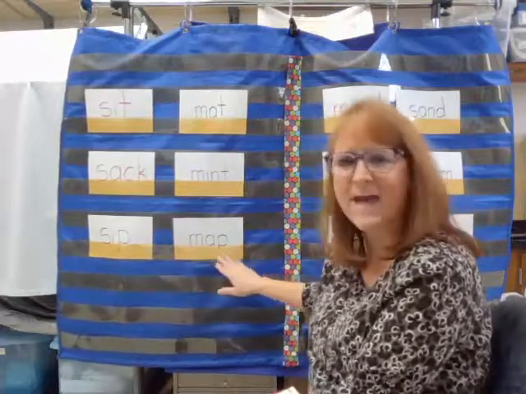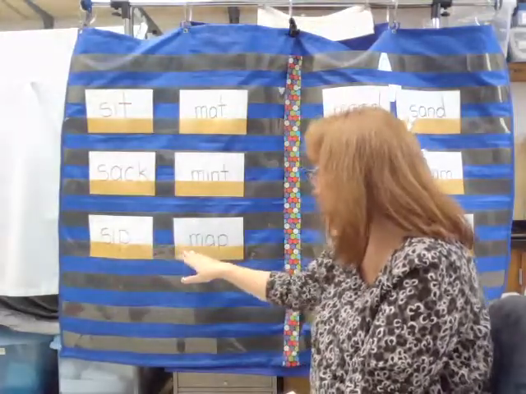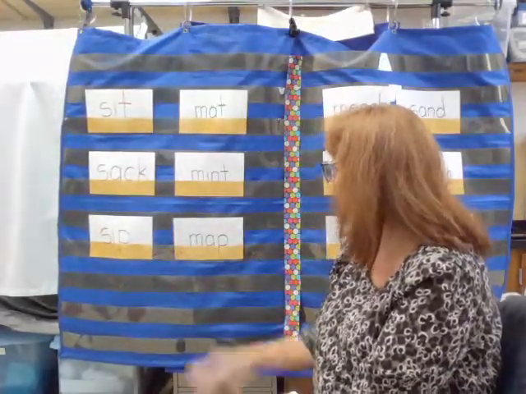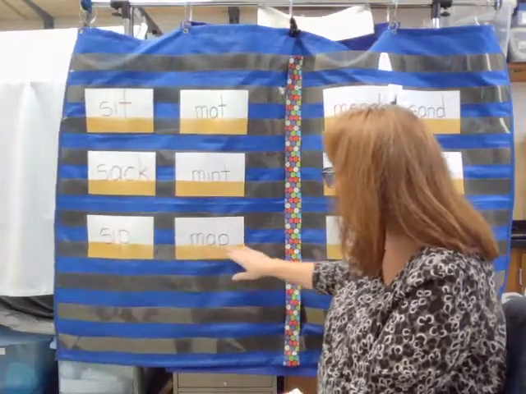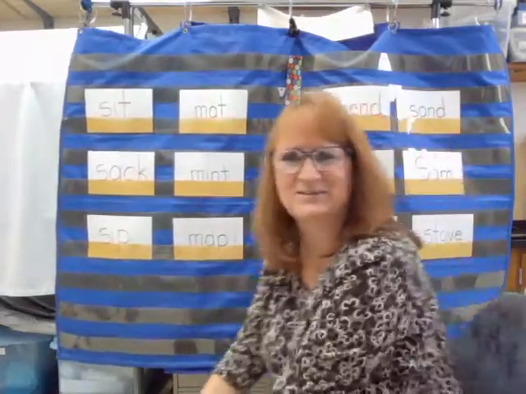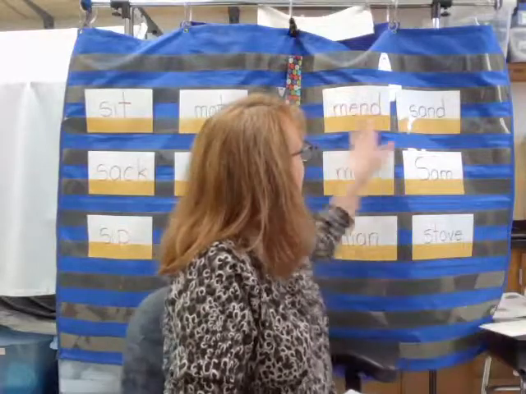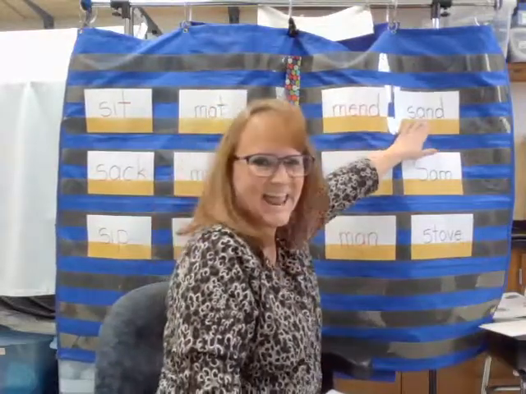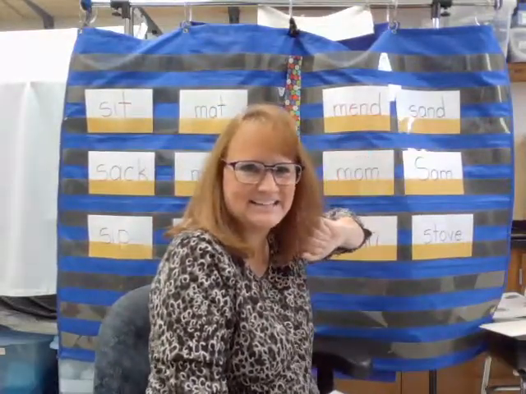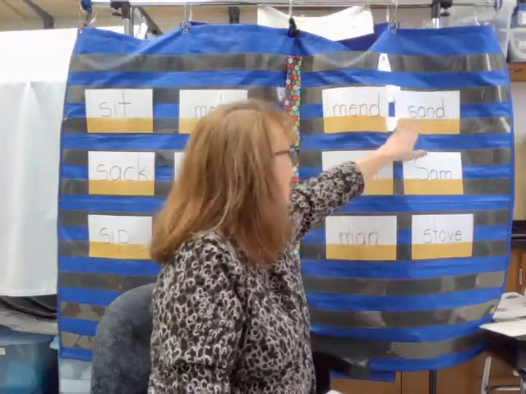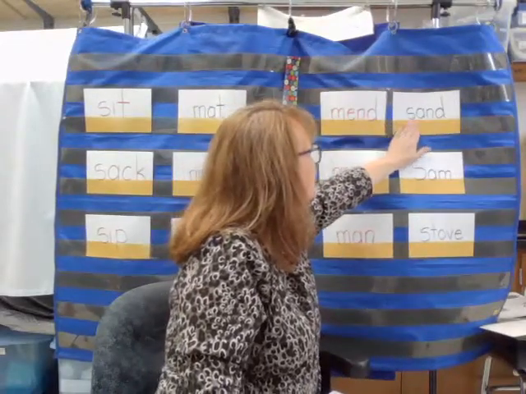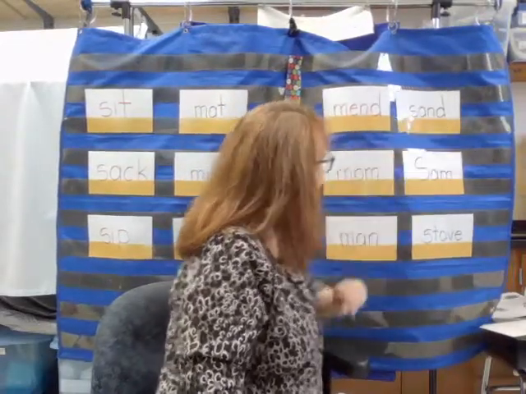Sip, map. Is it pink or black? Right, map has the A sound in the middle. Mend, sand. Which one has the A sound? You're right, it is the word written in black, sand.